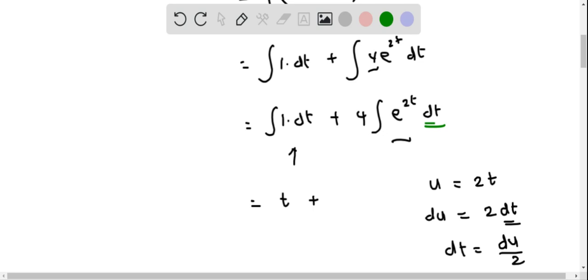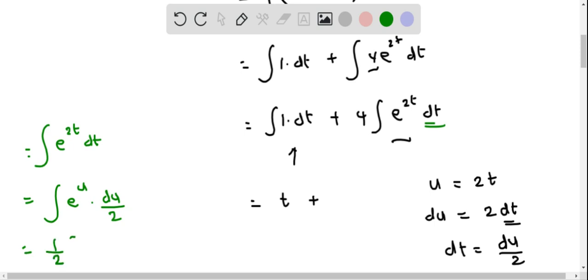We are finding the antiderivative of e power 2t dt, and so after the u substitution, this becomes e power u, since 2t is replaced as u, and dt is replaced as du over 2. So we can take the half out of the integral, and this becomes half of e power u du.